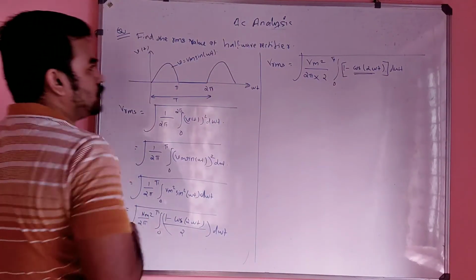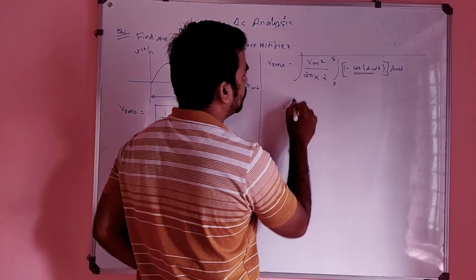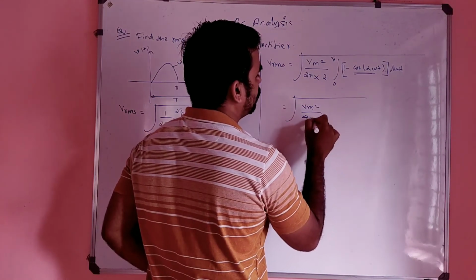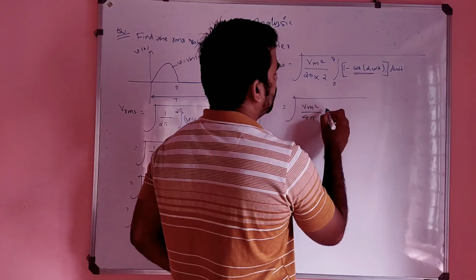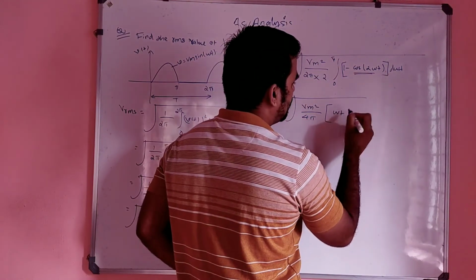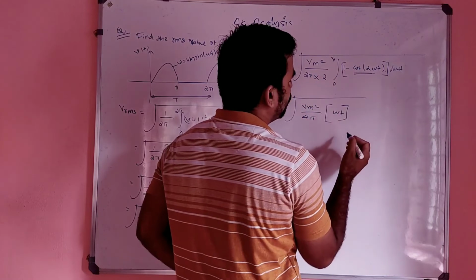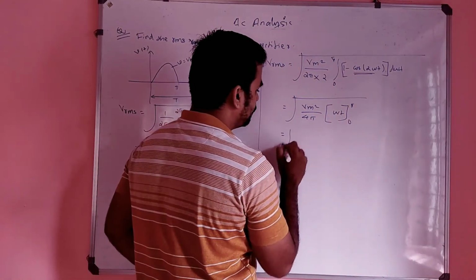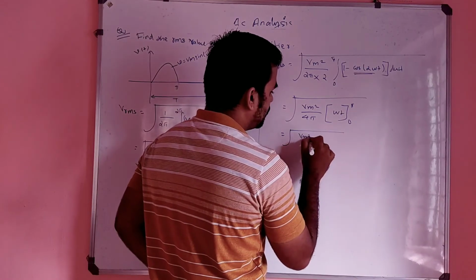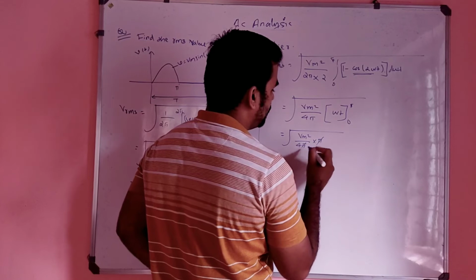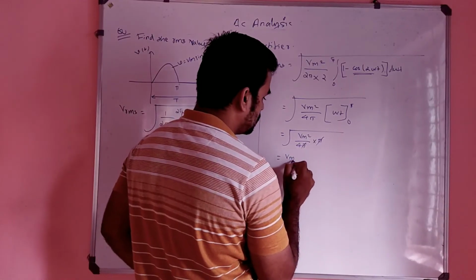So it will be Vm square divided by 4 pi times the integral of 1 d omega t, which is omega t from 0 to pi. So it becomes Vm square divided by 4 pi into pi. Pi got cancelled.